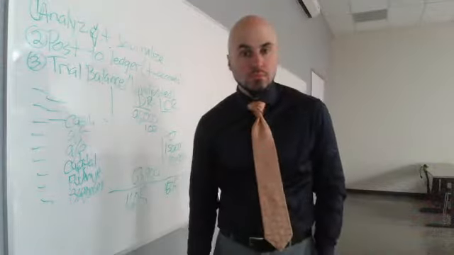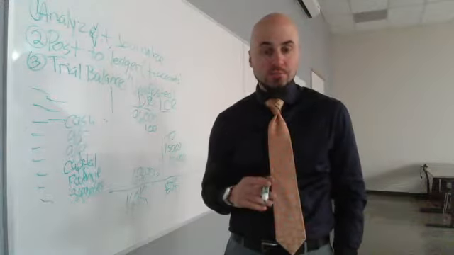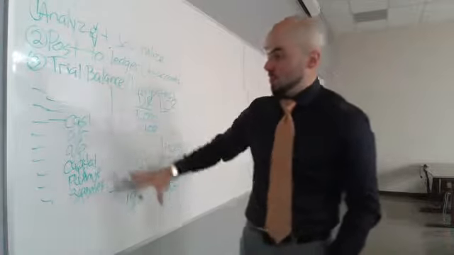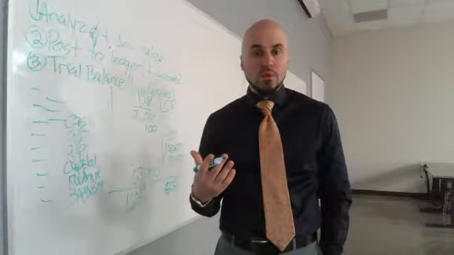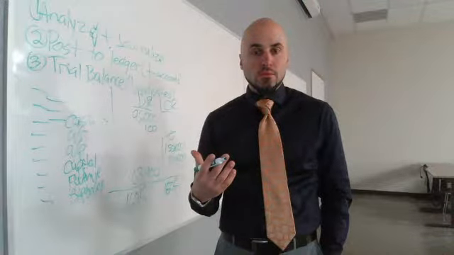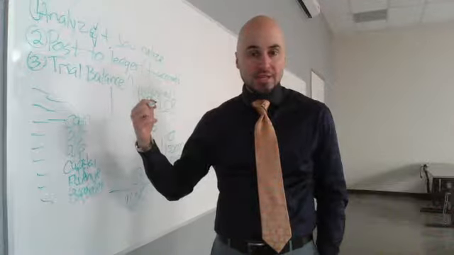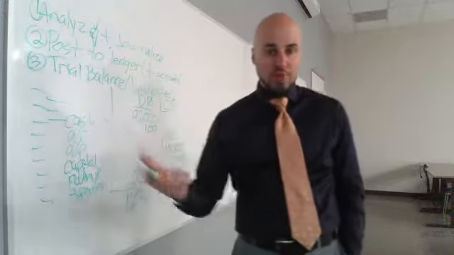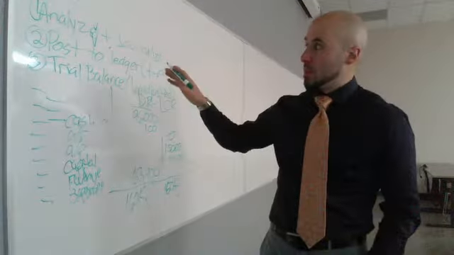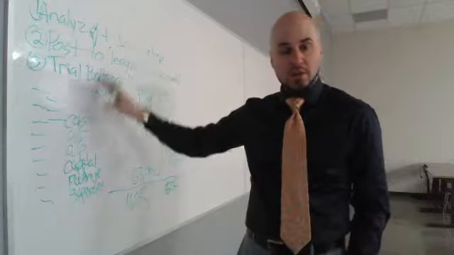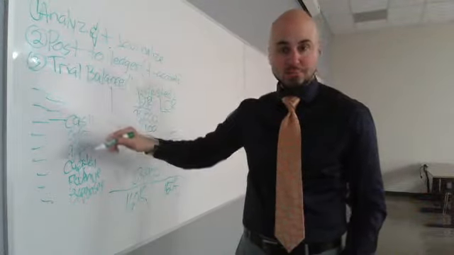Okay? And now you've completed the first 3 steps in the accounting cycle and how they relate to each other. We'll go into more explanation about this when we actually get to the next chapter, chapter 3, 4, and 5. But now at least you have a foundation on how they are related to each other and how we can transition from one step to the next.